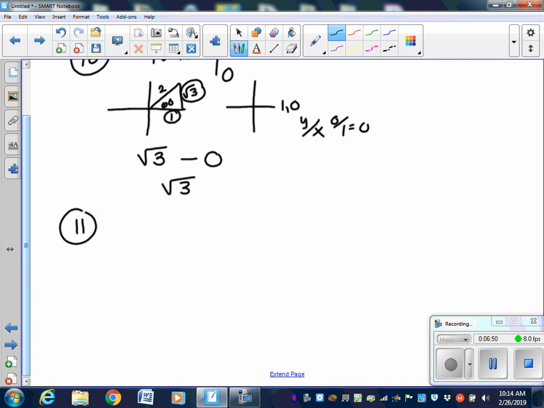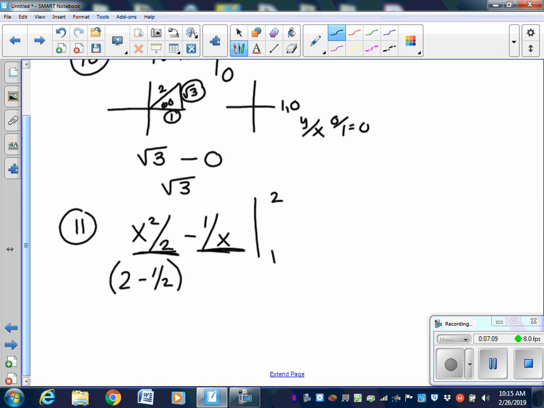Number 11, I'm going to anti-derive really quickly. It's going to be x squared over 2 minus 1 over x when I anti-derive from 1 to 2. It's really important that you know how to anti-derive. You plug a 2 in, you get 2 minus a half, and I like writing that in parentheses because that's all for the 2 minus, and then you have to put the 1 in.